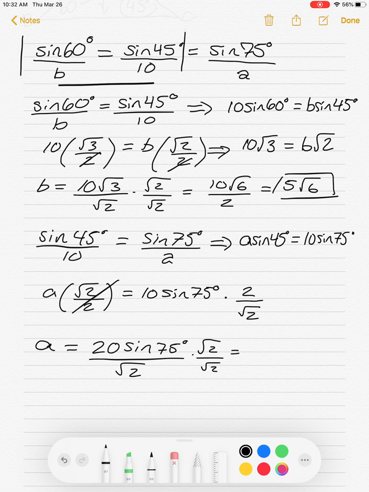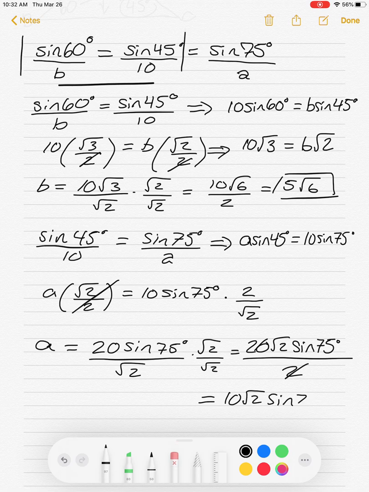Rationalize. 20 root 2 sine 75 degrees over 2. So 10 root 2 sine 75 degrees.